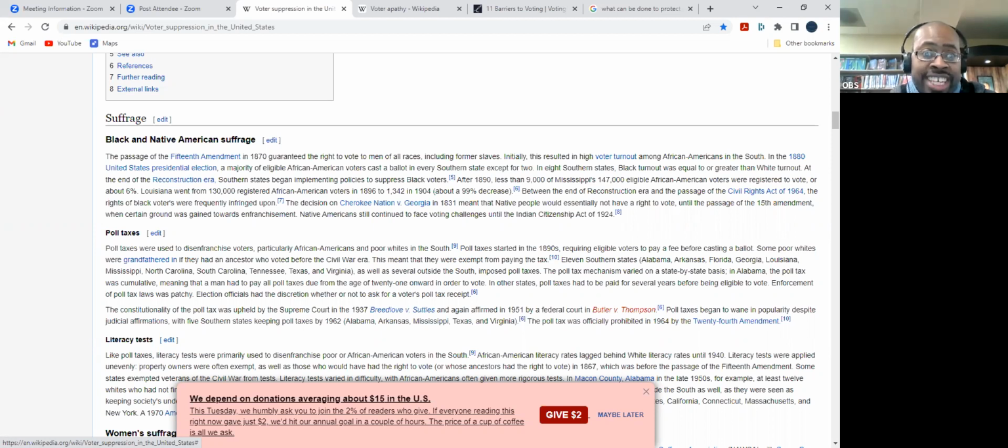The decision in Cherokee Nation versus Georgia in 1831 meant that the indigenous people did not have the right to vote as early as 1831, until the passage of the 15th Amendment, where certain grounds were gained towards enfranchisement. Indigenous or Native Americans still continued to face voting challenges until the Indian Citizenship Act was passed in 1924.